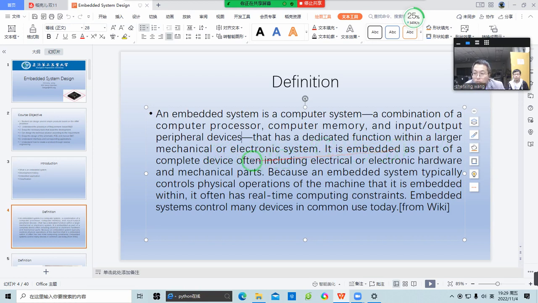It's embedded as a part of a complete device, often including electrical or electronic hardware and mechanical parts. Because an embedded system typically controls the physical operation of the machine it is embedded within, it often has real-time computing constraints. So real-time is very, very important in the embedded system.